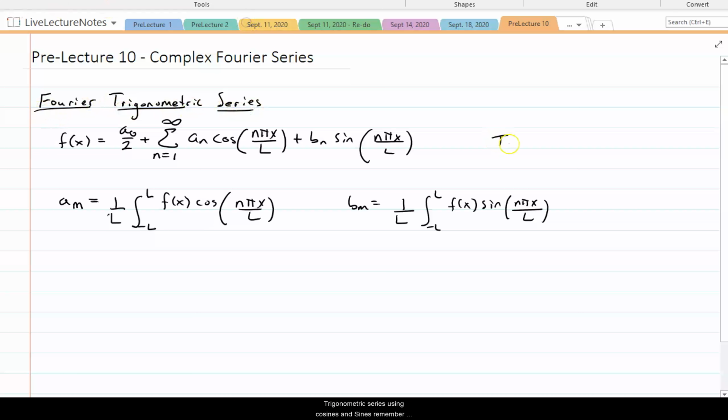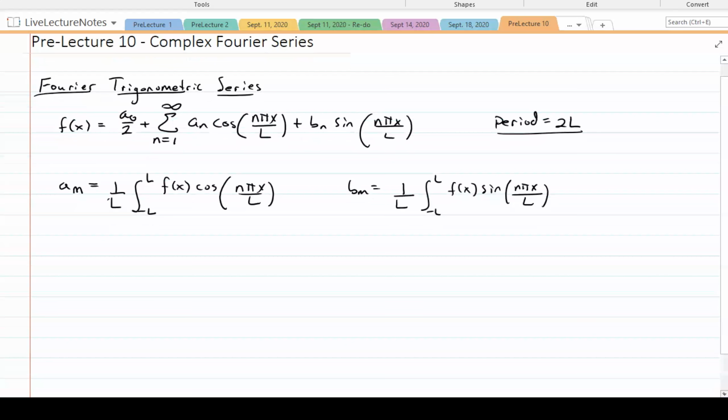Remember, this was applicable for a period, let's just say the period is equal to 2L. And then we have our formula here for the Fourier series, and the formulas to calculate those Fourier coefficients.